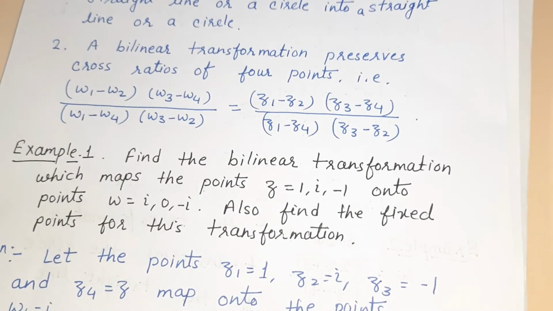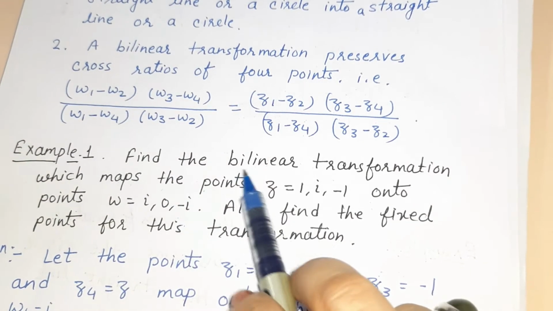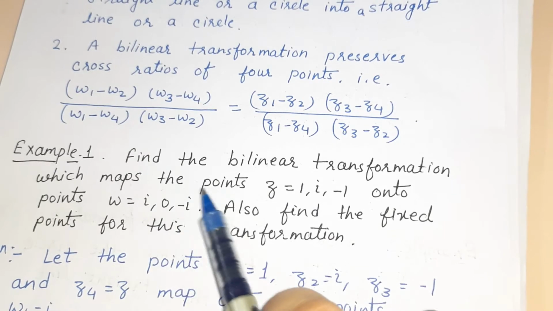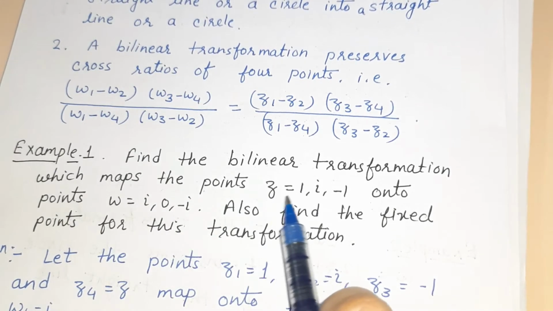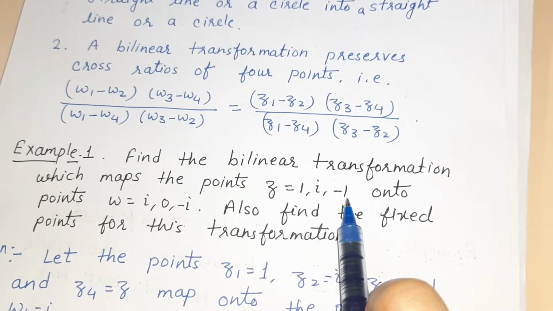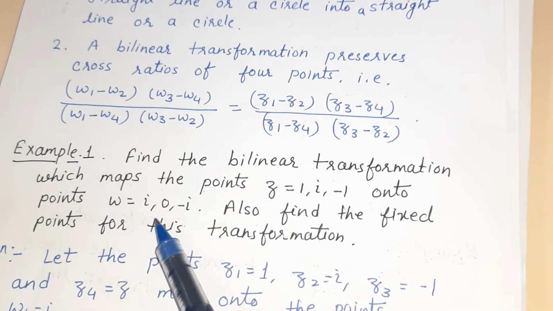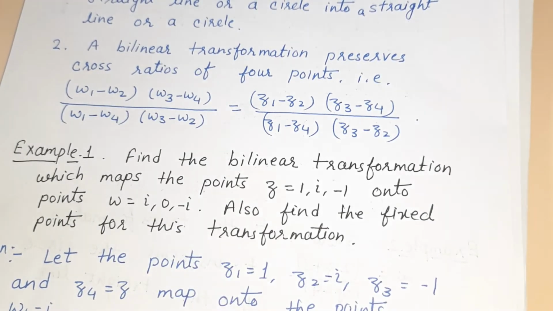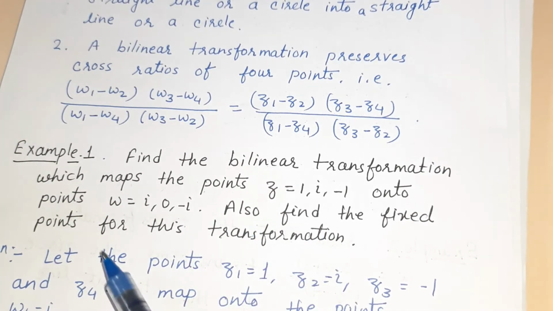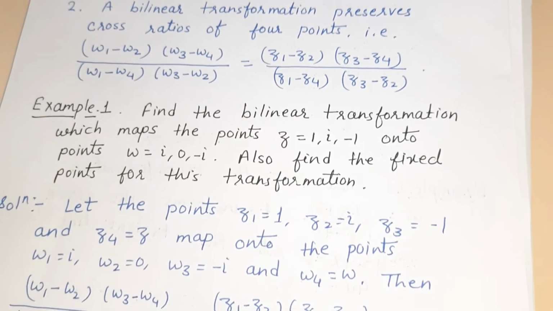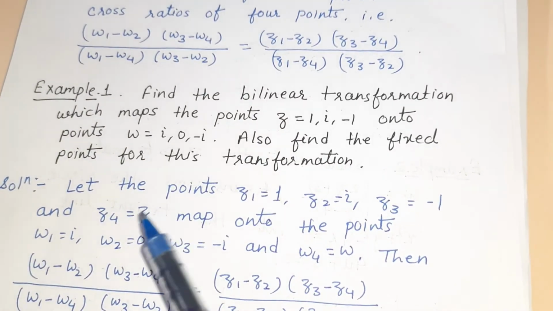Now we see some examples based on this. Find the bilinear transformation which maps the points z = 1, i, -1 onto the points w = i, 0, -i. Also find the fixed points of this transformation. So now let's see here.